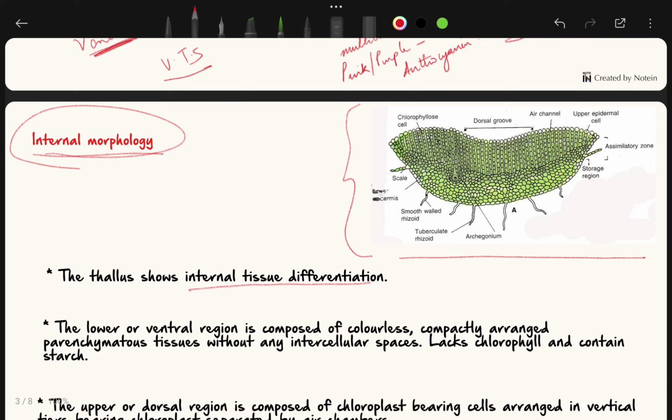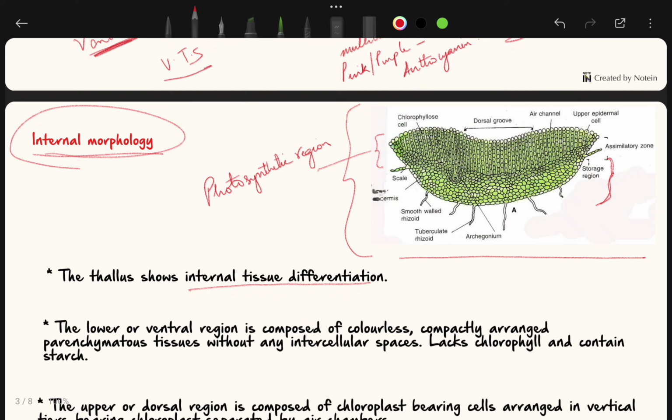All right, so on the dorsal region you will find photosynthetic cells. This upper region here is the dorsal region. It will contain a lot of photosynthetic cells, and this region is known as the photosynthetic region. And then on the ventral region, you will find cells that are compactly arranged without any intercellular spaces.